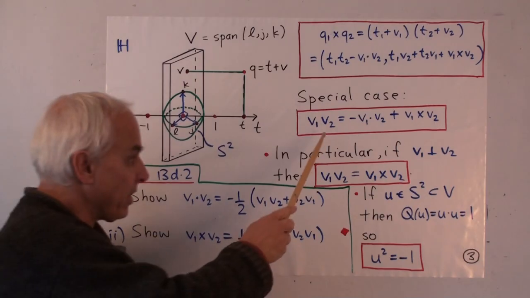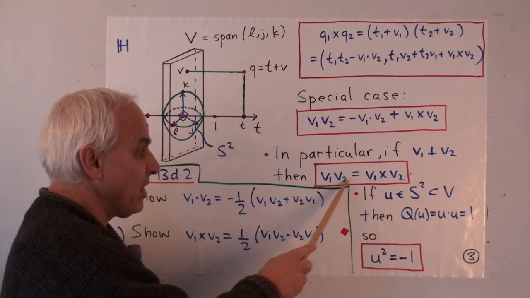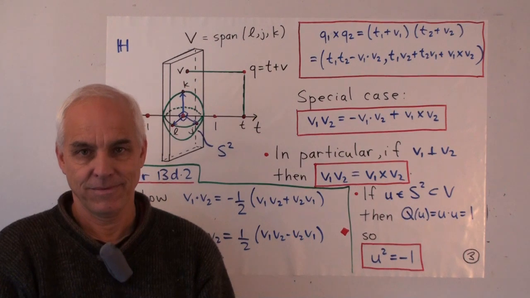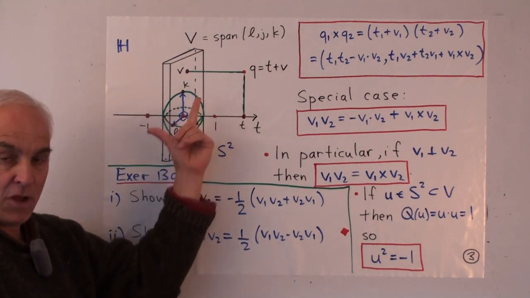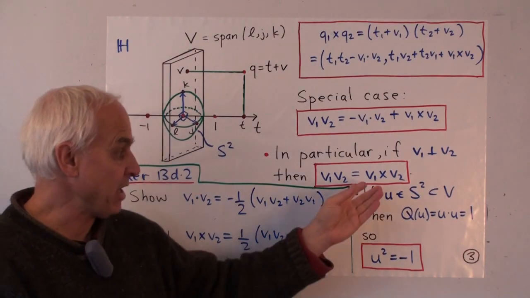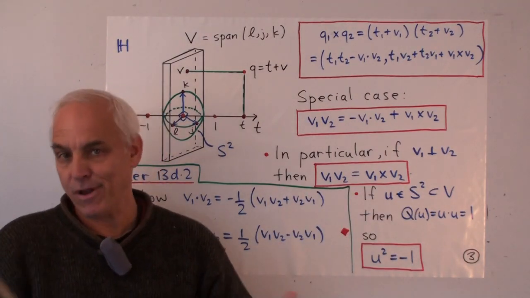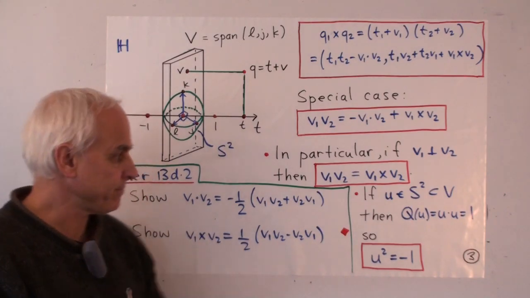And in that case, the formula simplifies yet further to say that v1 times v2 is just v1 cross v2. So if we have two perpendicular vectors over here, their quaternion product is just exactly the same as their cross product in familiar three-dimensional vector geometry.